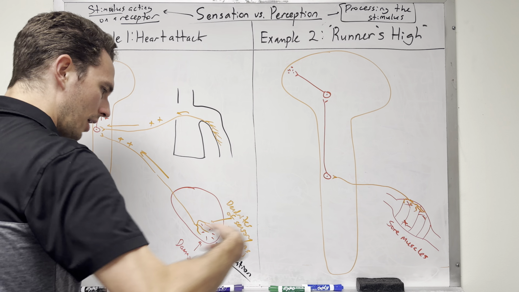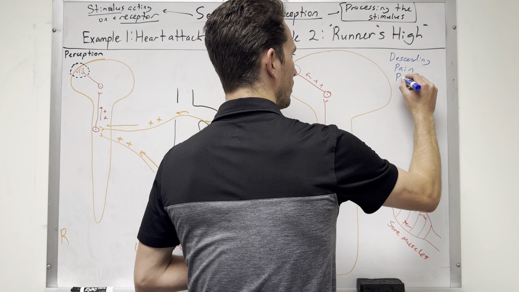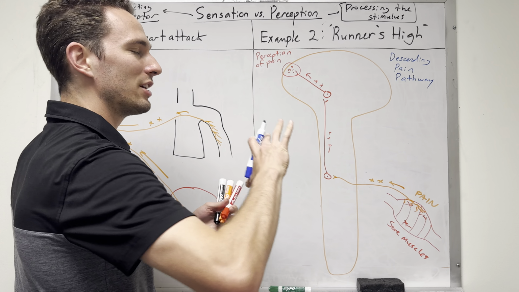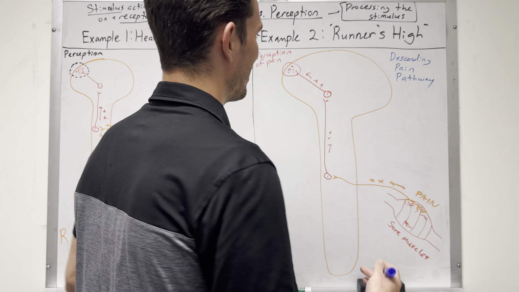As you begin running, however, there is something called a descending pain pathway. Descending pain pathway. DPP. What is that? Well, it's a group of neurons that get activated anytime you're doing some sort of strenuous activity like running, or also whenever you're doing something like meditation or deep breathing exercises. It can also be stimulated in that case.